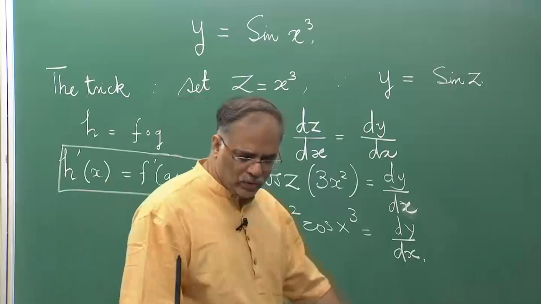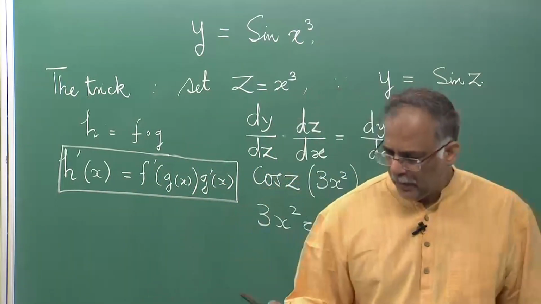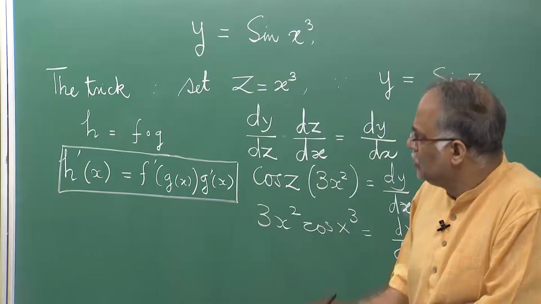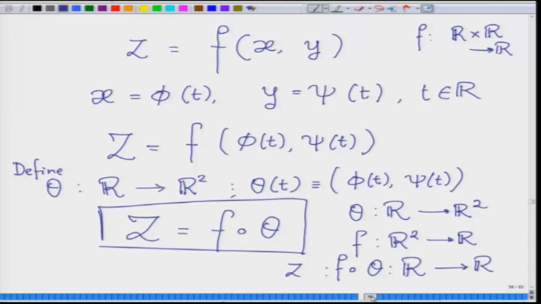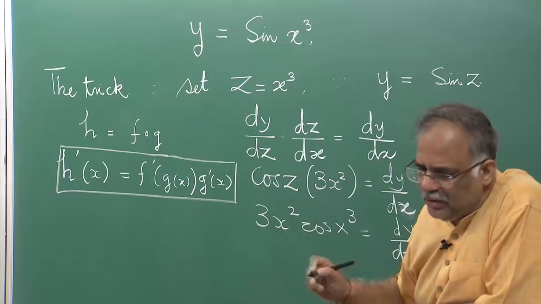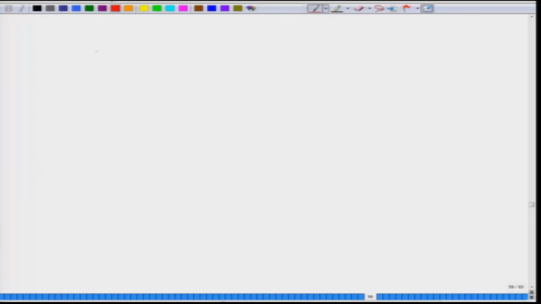So, this is what I have, and then once I have this, I will go back and try to write it in this format. So, I will write z dash t is the gradient of f at this point theta, that is gradient of f at phi and psi, which is x and y basically.